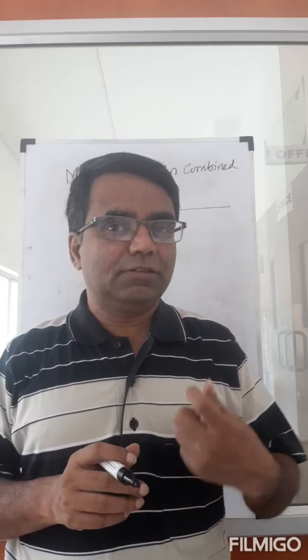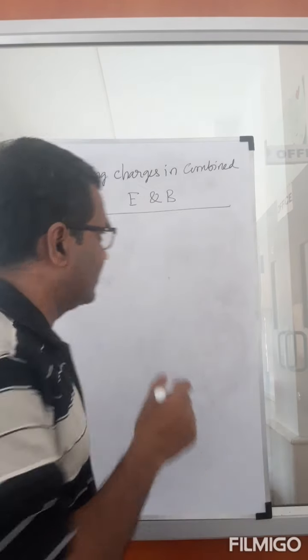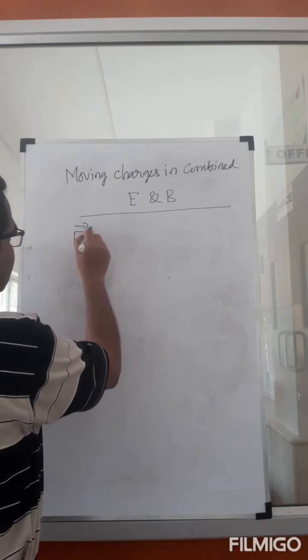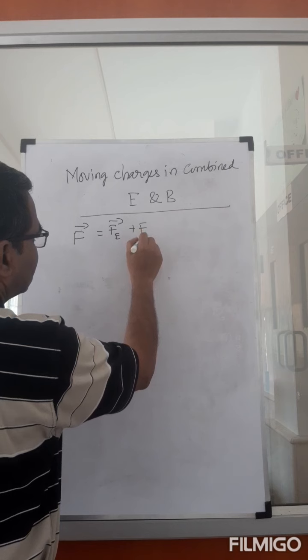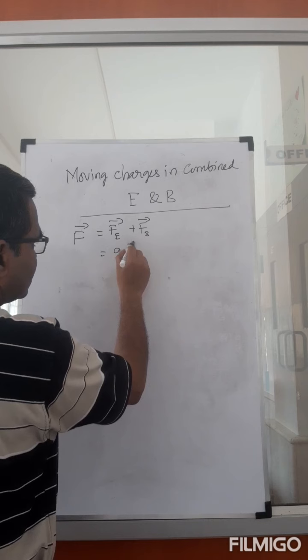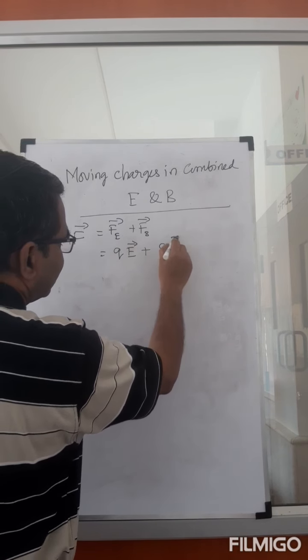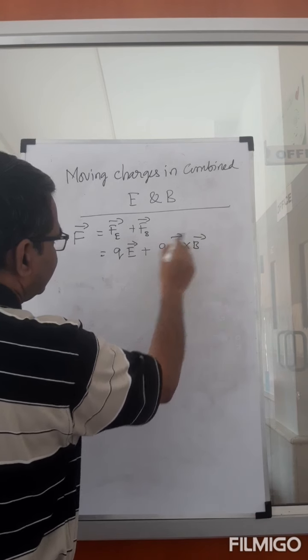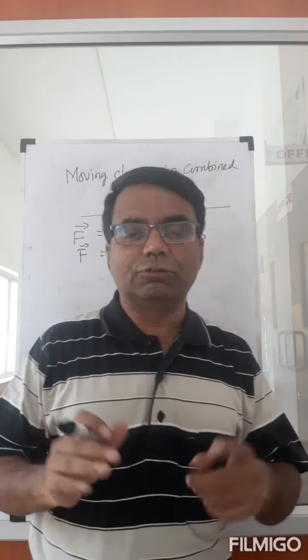If I keep both the fields E and B, then I know that the resultant force is given by this equation: F is equal to Fe plus Fb, which is simply Q into E plus Q V cross B. And this is what we call the Lorentz force.